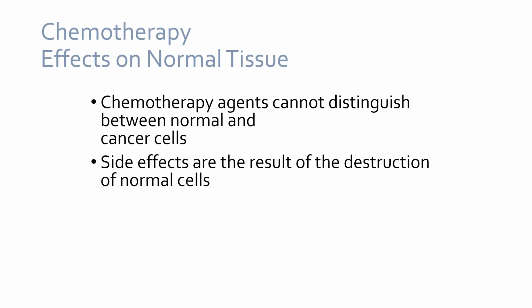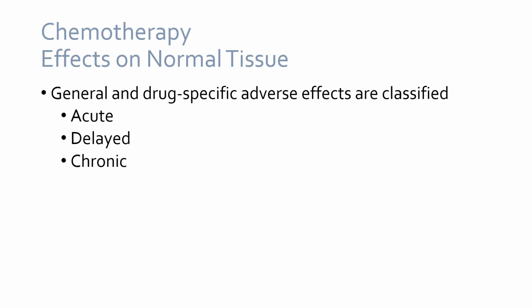So chemotherapy also is good to kill the cancer, but it's also very damaging to the normal cells as well. The side effects that people have from chemotherapy are most of the time caused by the destruction of the normal cells. General and drug-specific adverse effects are classified as acute, delayed, and chronic.